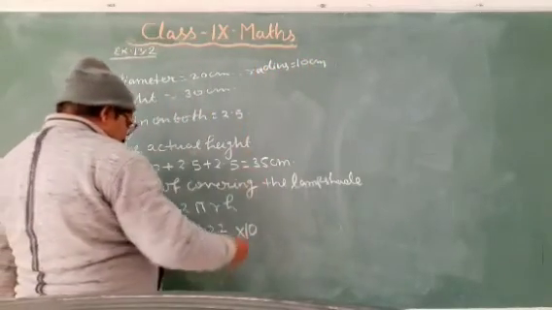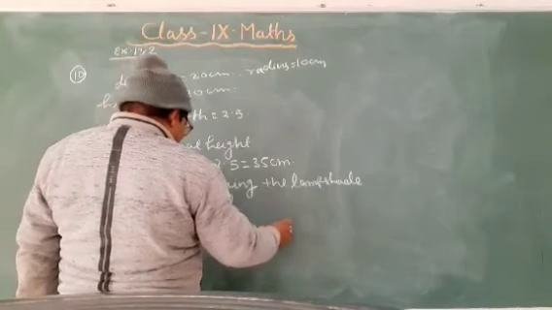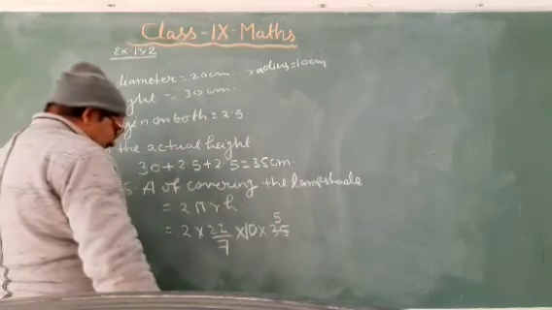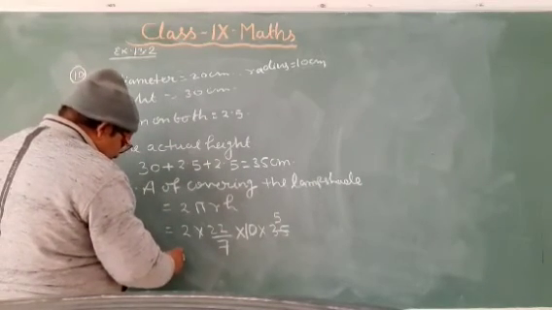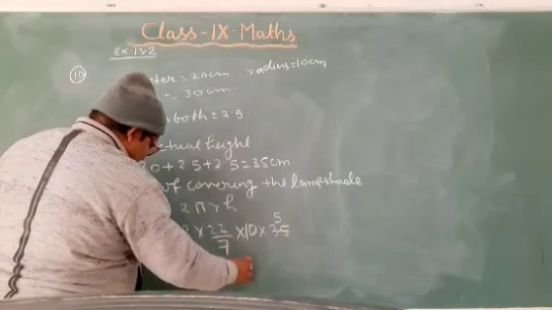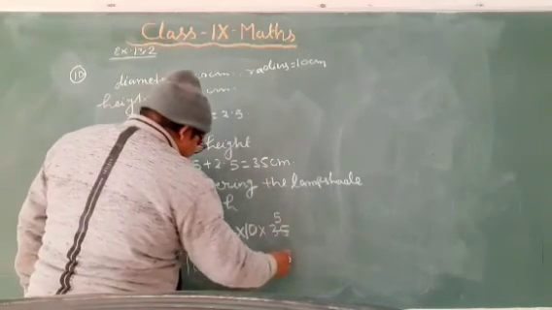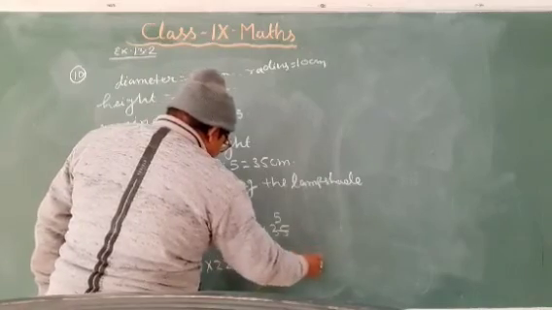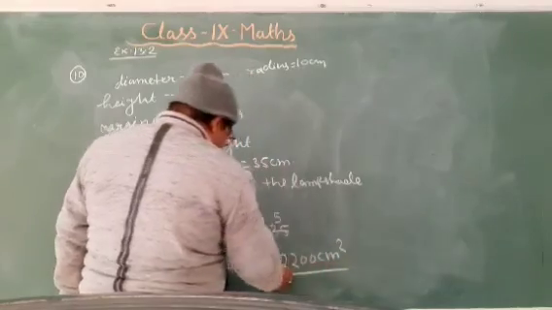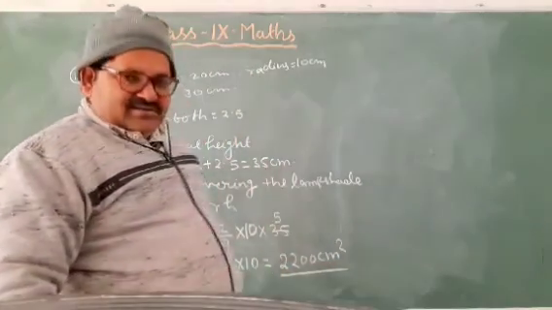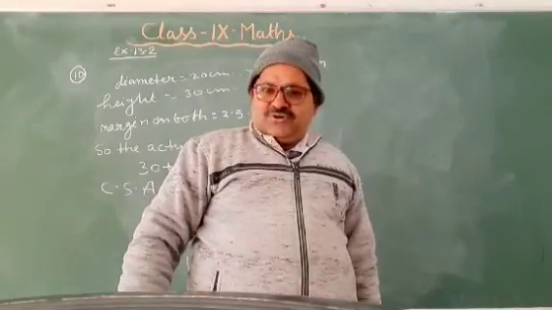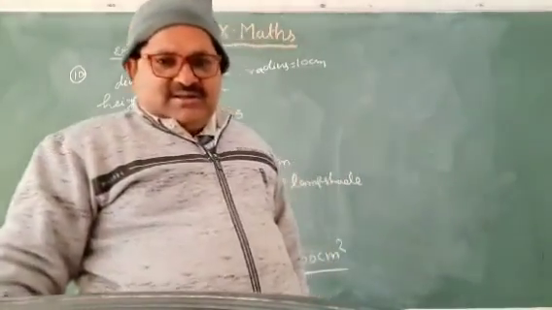Radius 10 centimeter, 10 into height 35. 7 5s are 35. 20 into 10 is equal to 2000 centimeter square is the required area of cloth for covering the lampshade.